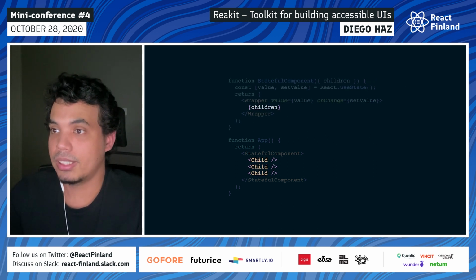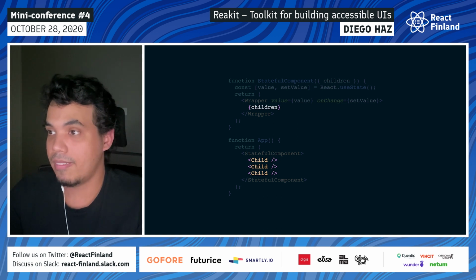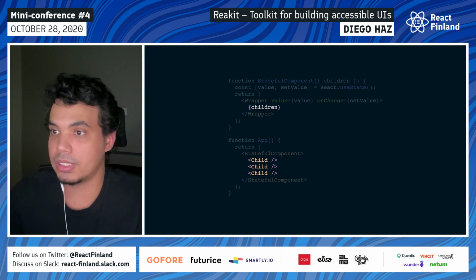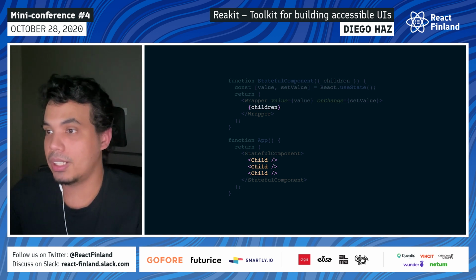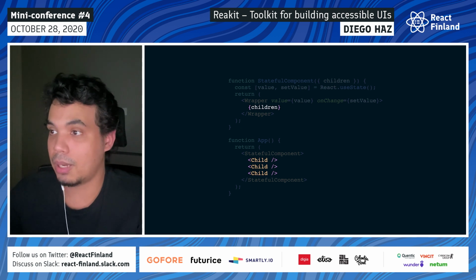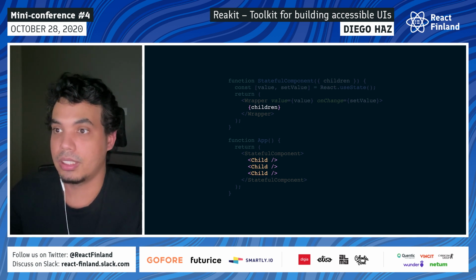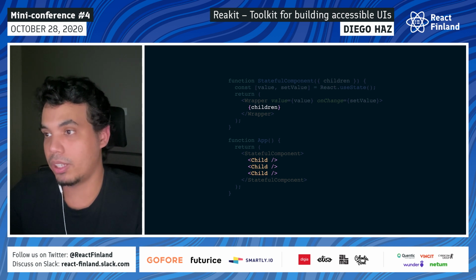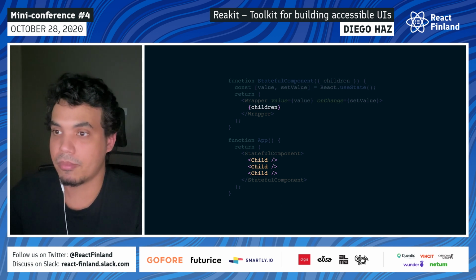At this point, when the local state is updated, React will only re-render the component where the local state is defined, which is the stateful component, and not the app component. It's not going to propagate the update to the components up in the tree. And since the child elements are defined in the app component, they wouldn't be re-rendered.